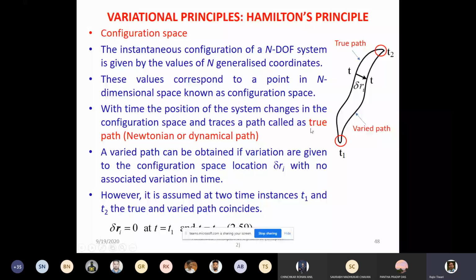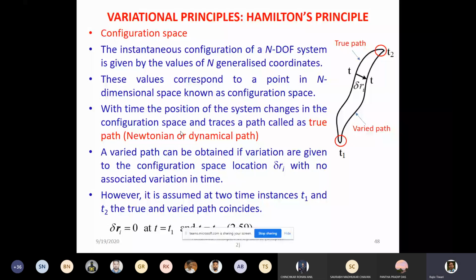And when the time is changing, what will happen? The generalized coordinates will have different values. At t1 they will have some value, at t2 another value, at t3 another value. So this n-dimensional vector has different values at different times.